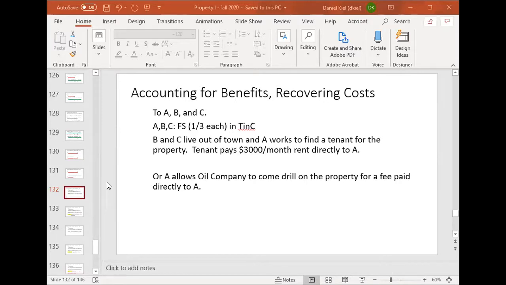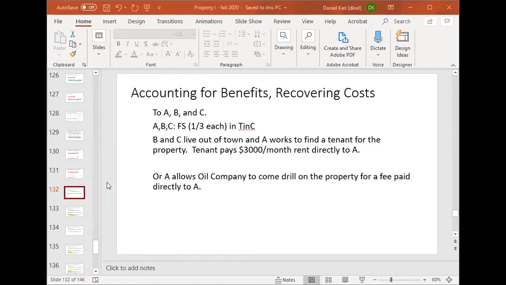And so let's leave out all of the mess that existed in the Schwartzbaugh case and say that A has the permission to do this, right? That all B and C want is the rental income. They don't care about being on the property. They want A to go out and find a tenant, and A does, and A gets the $3,000 check every single month.